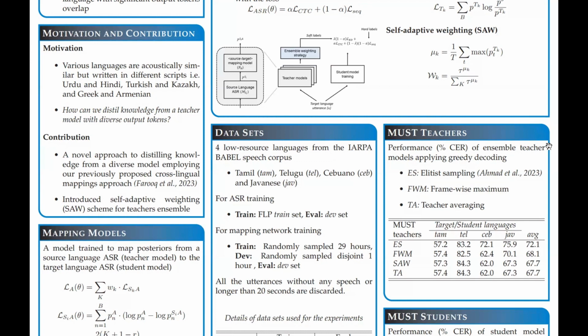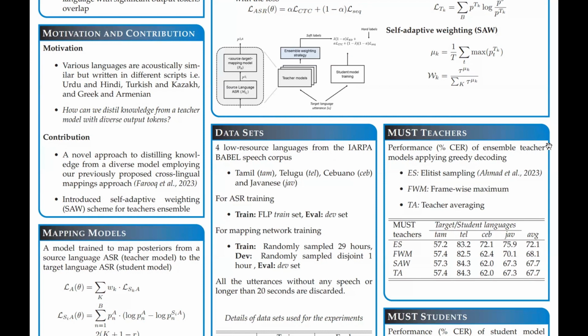To that end, we propose a novel approach to overcome this limitation using our previously proposed cross-lingual mapping approach. In our previous paper, which I cited somewhere later, we observed that an ensemble of different teachers really helps in improving the performance compared to a single teacher.